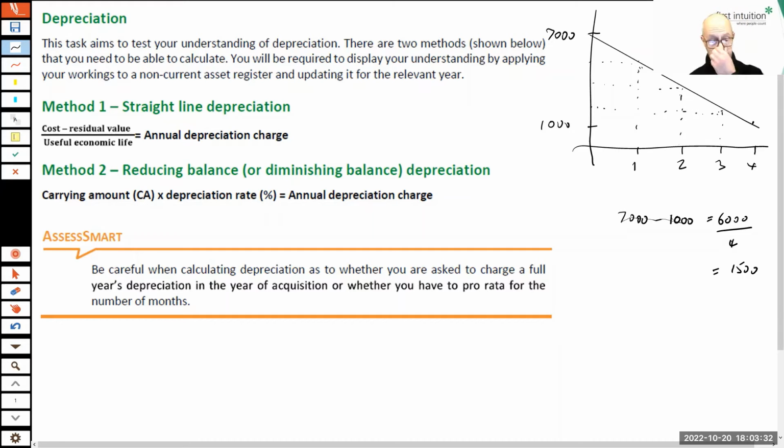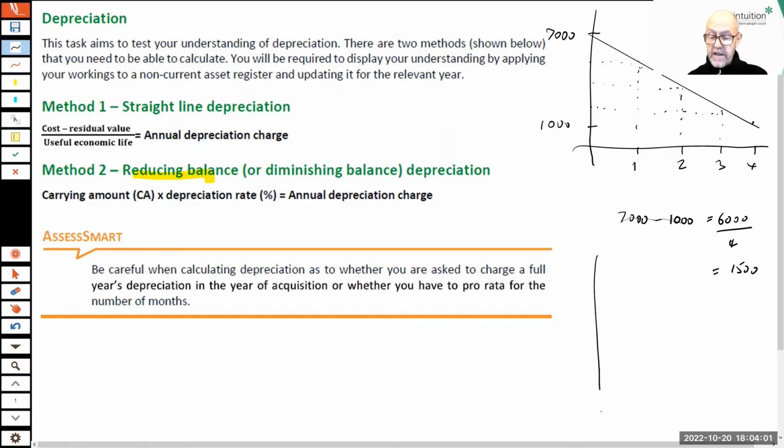So straight line. Our other method is reducing balance depreciation, or diminishing balance. With this, the charge each year, rather than being the same and giving us a straight line graph, the charge each year will reduce. And this is because each year we will reduce the asset by a particular percentage of its current value.